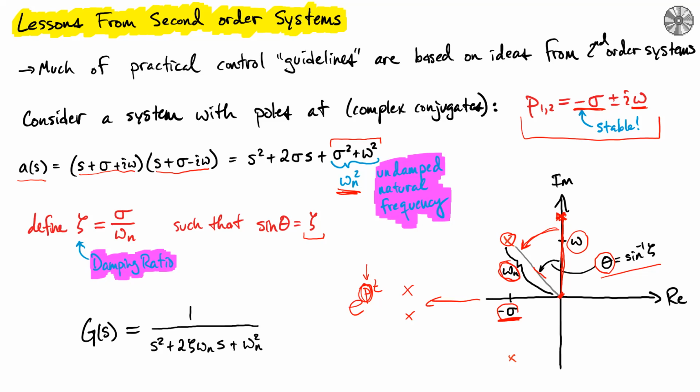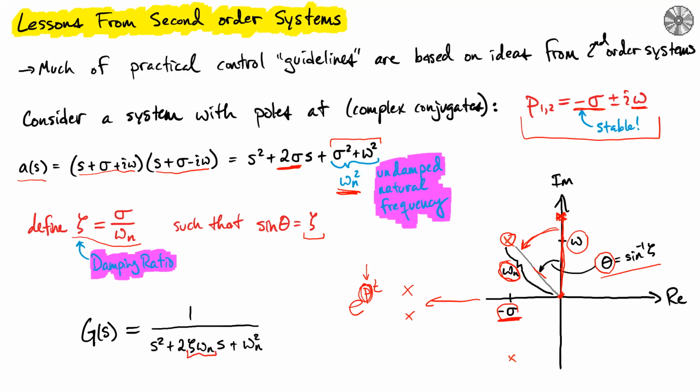And then we define zeta, the damping ratio, like this. When we multiply this out, this is just 2 sigma. And so if we make this definition, where it's essentially the real part divided by that magnitude omega n, then we can express sigma as zeta times omega n.